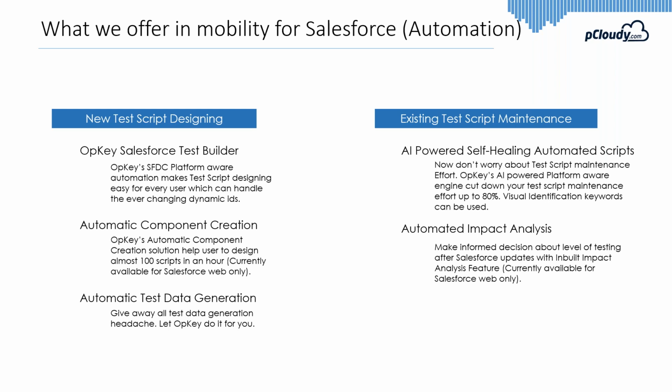We need to provide some details like the Salesforce instance URL, username and password, and then we have to provide options like the consumer secret key and consumer key as well. These are details which can be fetched from the Salesforce instance, and if you provide these details, OpKey can fetch the backend API details or the metadata properties of the application. So it captures that and saves it inside OpKey.